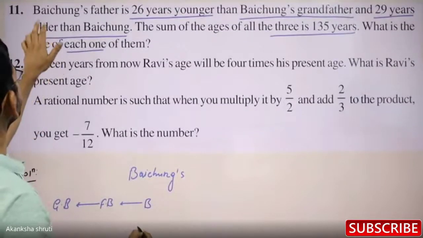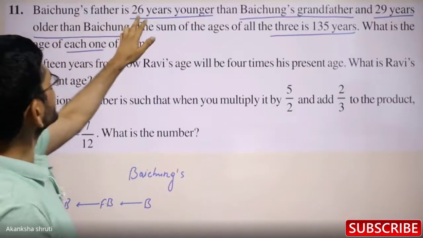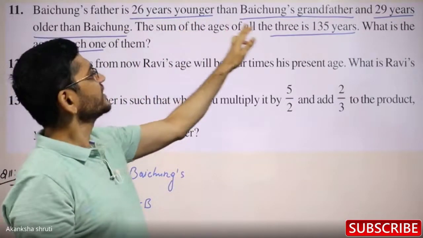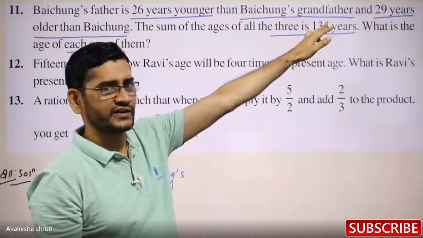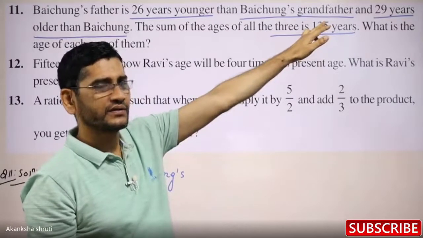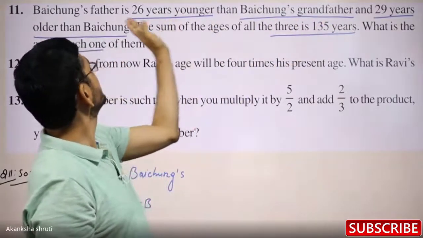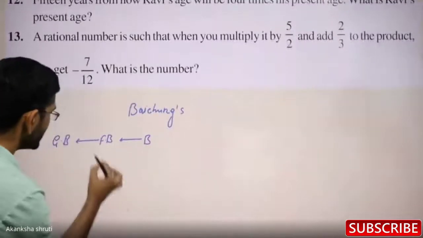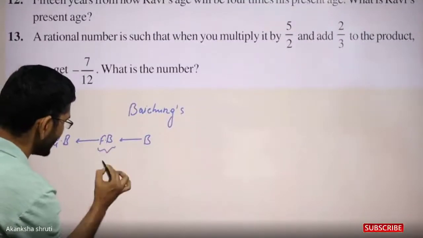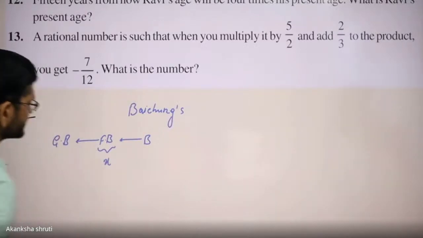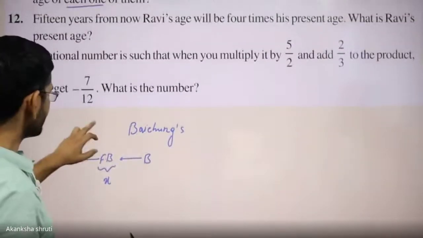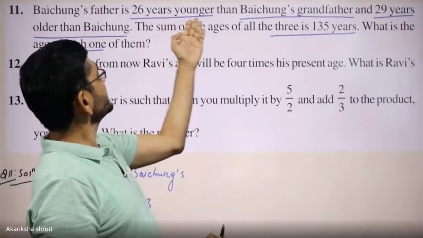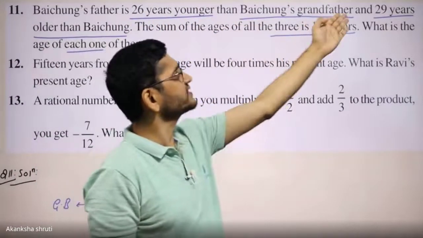So understand carefully. Bechung's father is 26 years younger than Bechung's grandfather. So you assume this Bechung's father age as X. Then what will be the age of grandfather? So 26 years younger than Bechung's grandfather.